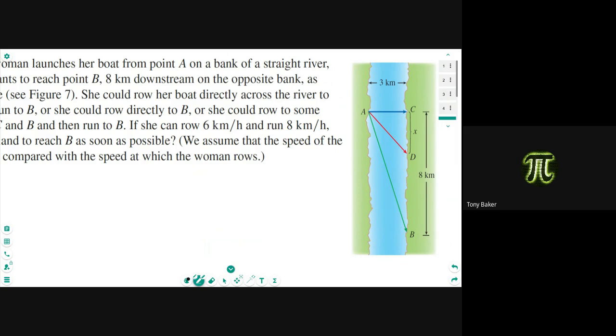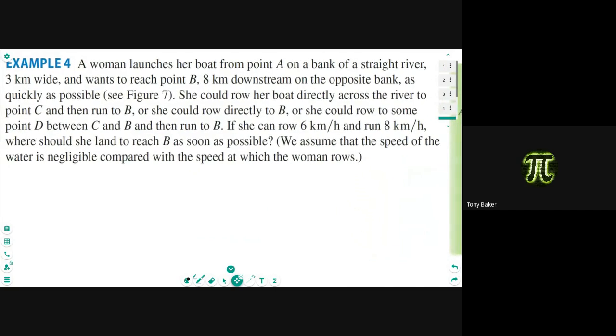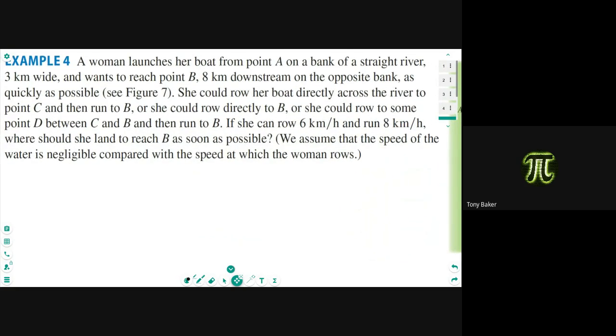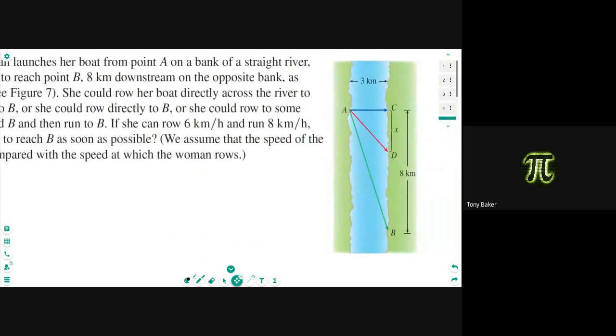Now, this problem, unlike the other problems that we've had, we do have some other values that could work. So let's look at those first. It said she could literally boat directly across and then run to B, or she could row directly to B.